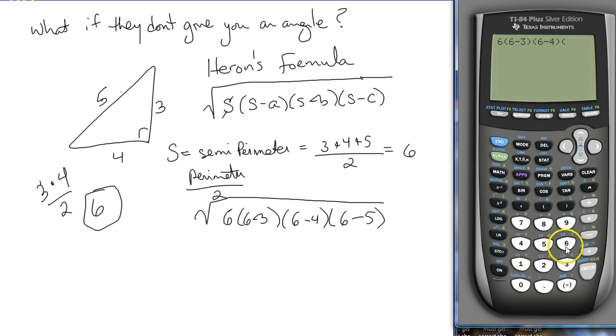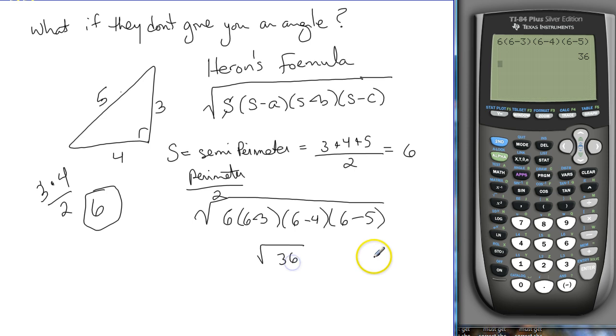Open, 6 minus 5. So this is the inside, no radical, and it comes out to be 36. And hey, the square root of 36 is 6. So by using this formula, Heron's formula, you get the area.